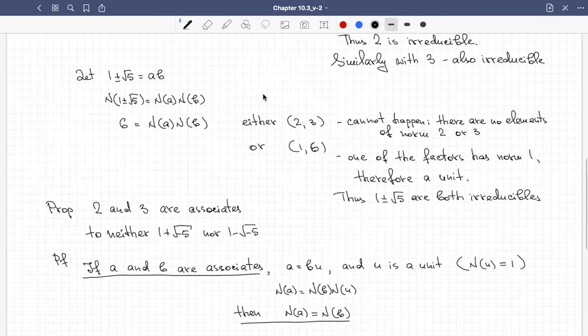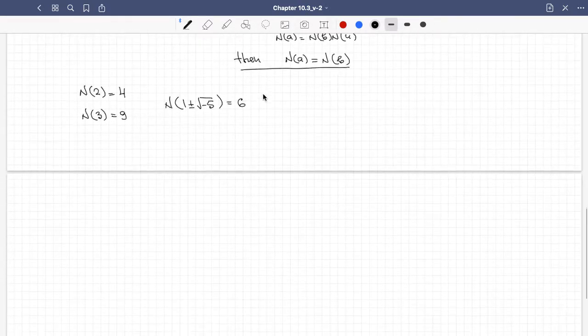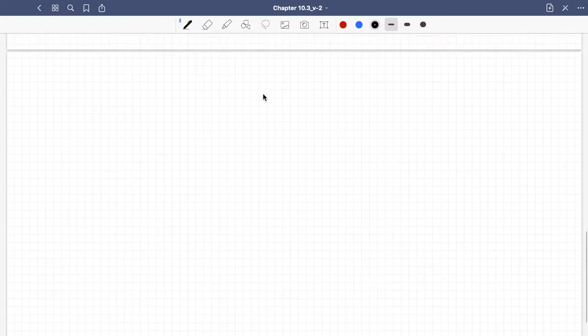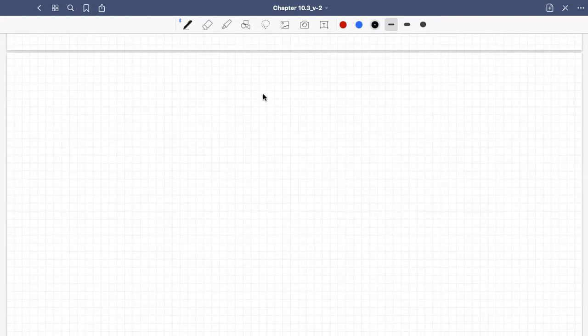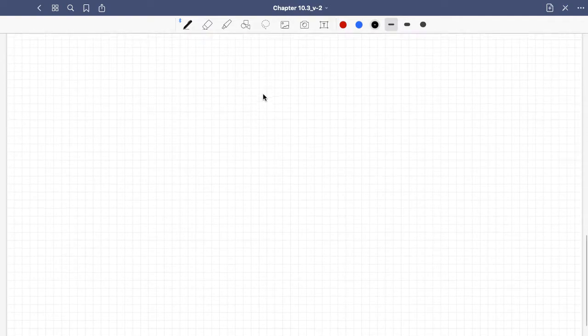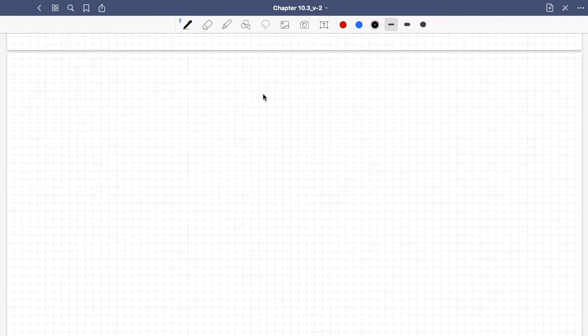Now, what is the matter with these different decompositions? Why does that happen? What's wrong with this ring? This is for the first time we see an example when the factorization is not unique. Why? So, in a sense, that may be explained as follows.